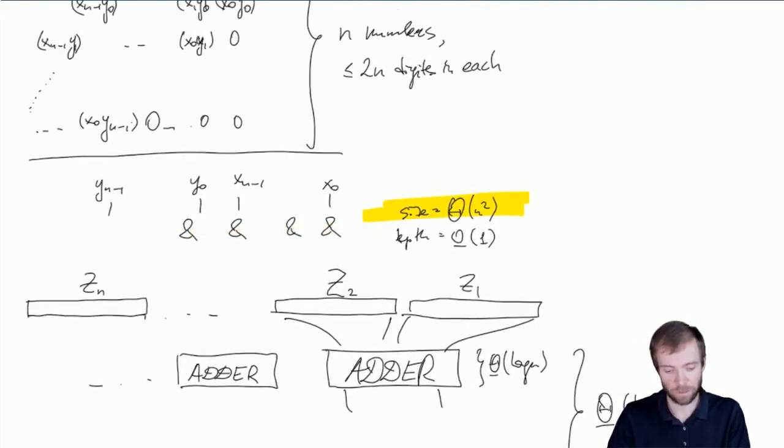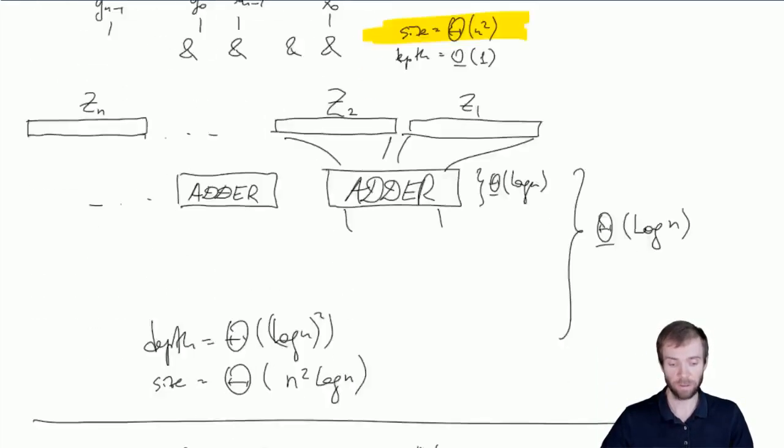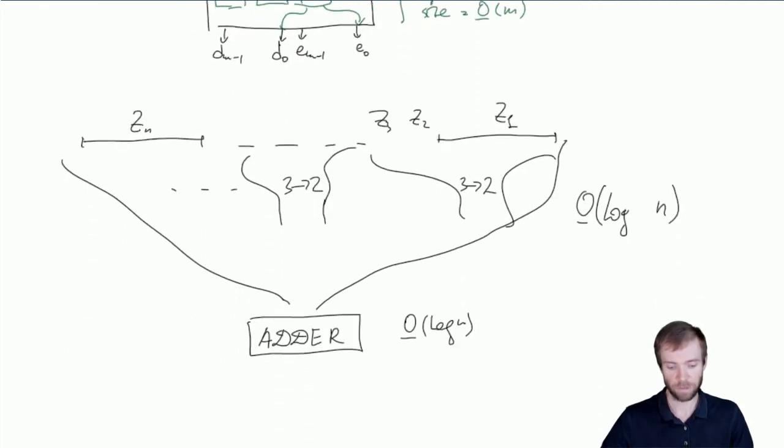We cannot get smaller than that, because all the 3 to 2 trick circuits and the last adder that we employ have size which is dominated by this square of n, and the depth is produced by all these circuits, but it's still logarithmic. So in the end, our depth is logarithmic, our size is quadratic.